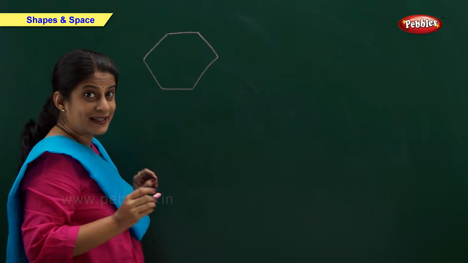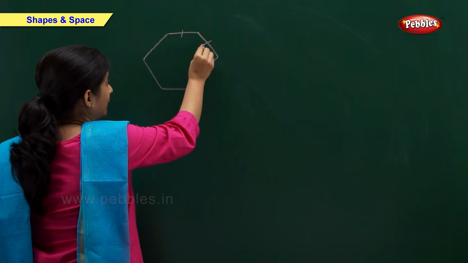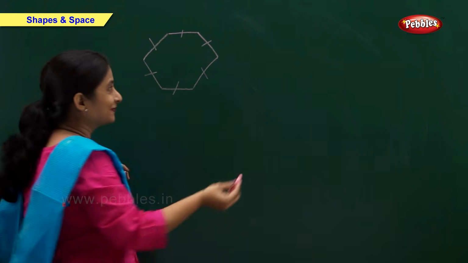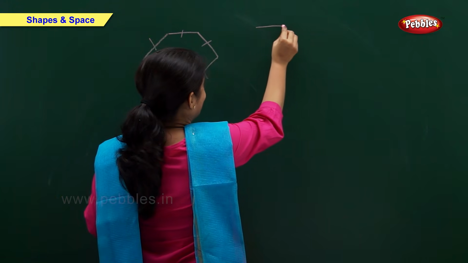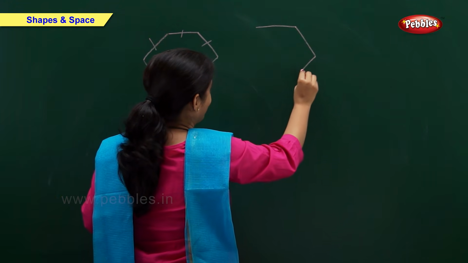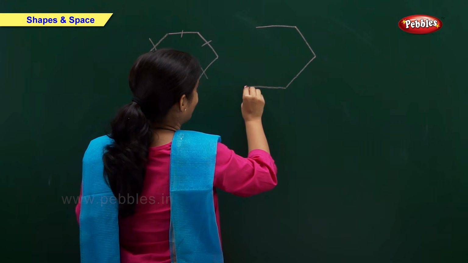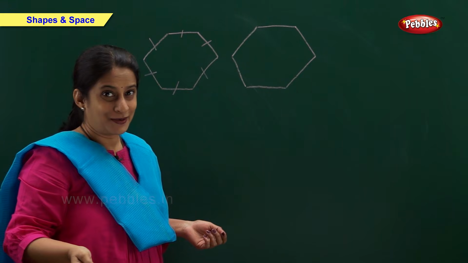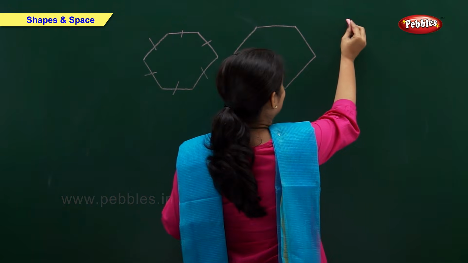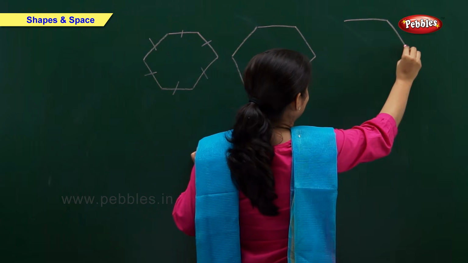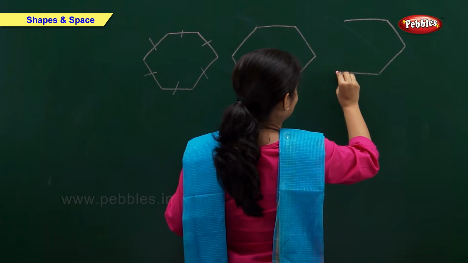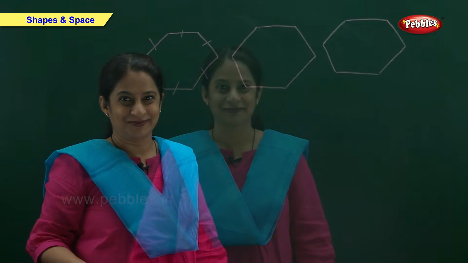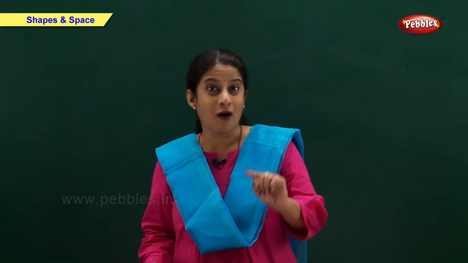Hexagon has 6 sides. 1, 2, 3, 4, 5, 6. Hexagon. Now let us draw an octagon.